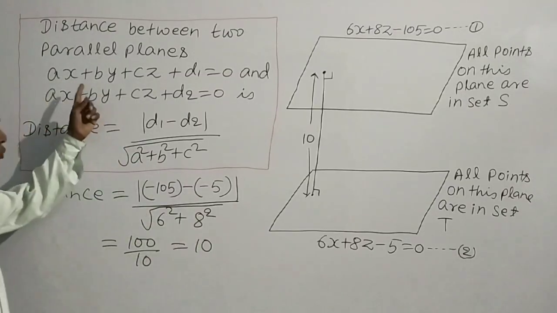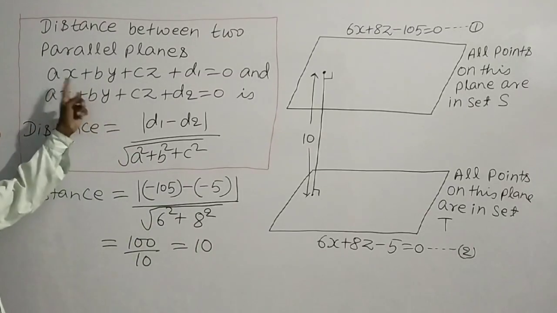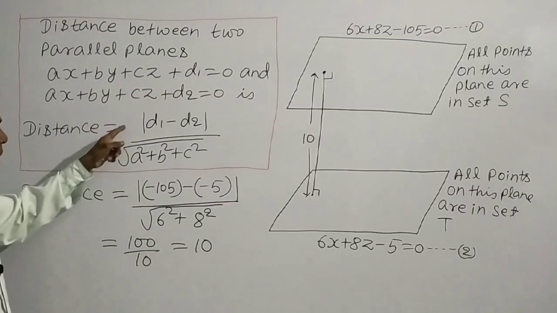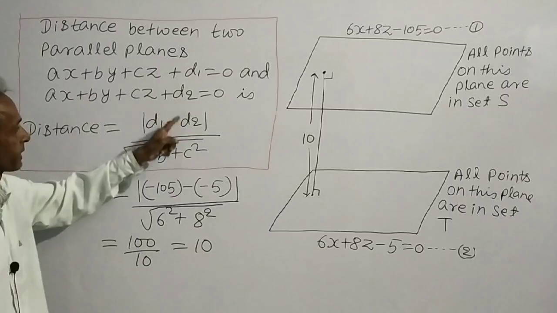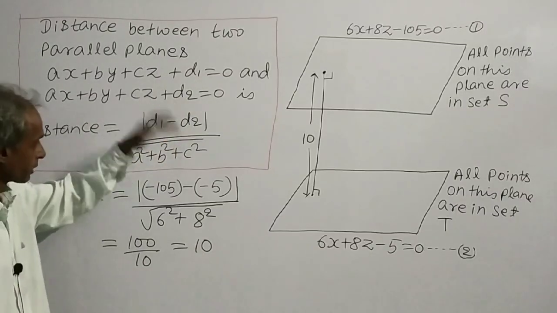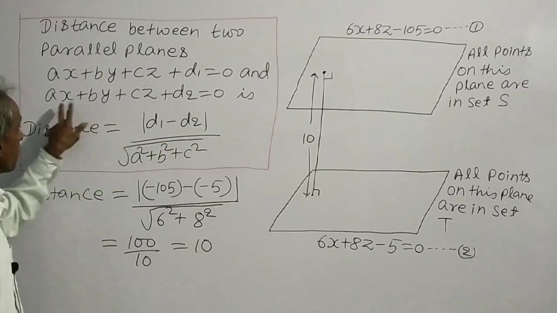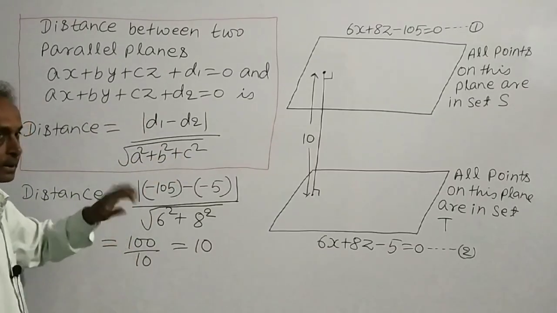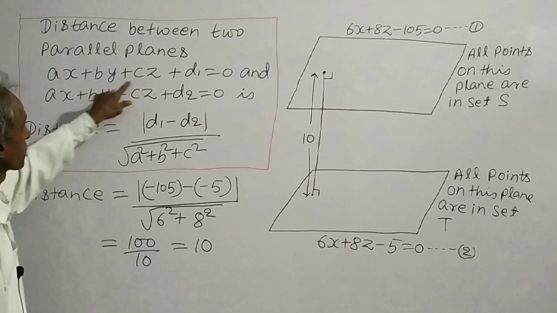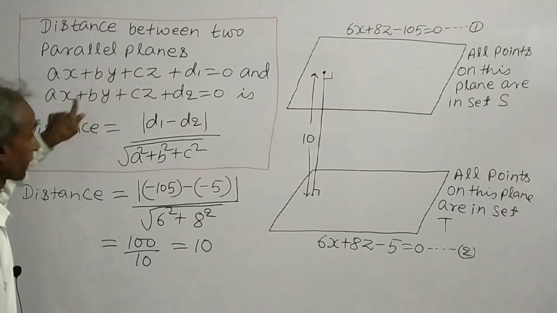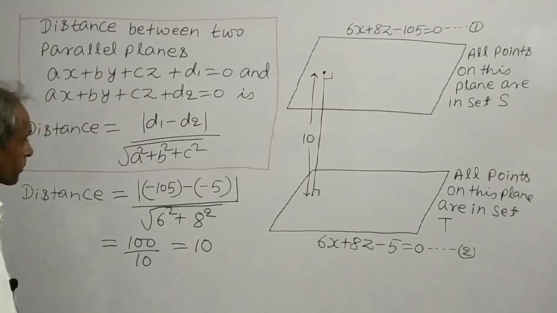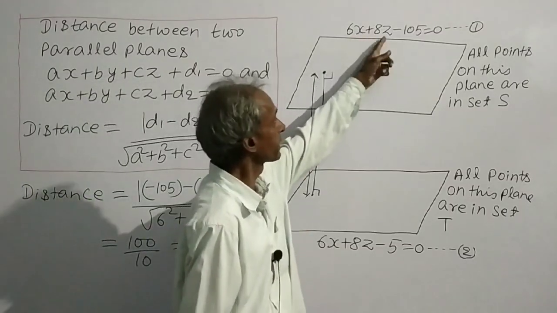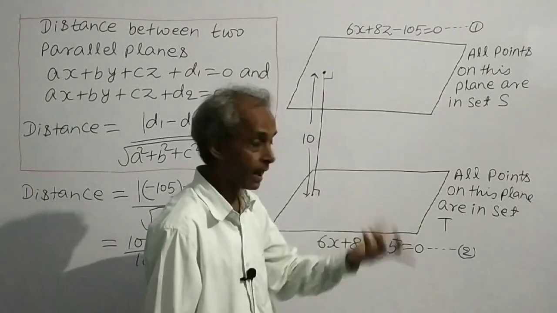The distance between two parallel planes, this and this, is equal to mod of d1 minus d2 divided by root under a square plus b square plus c square. Here, the coefficients of x and z in both the equations are the same.